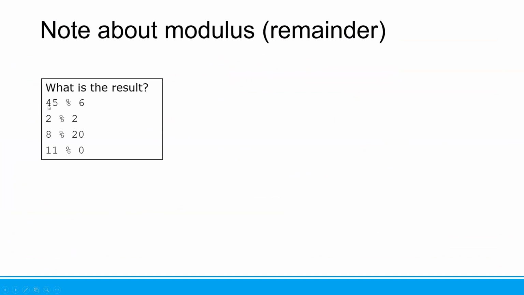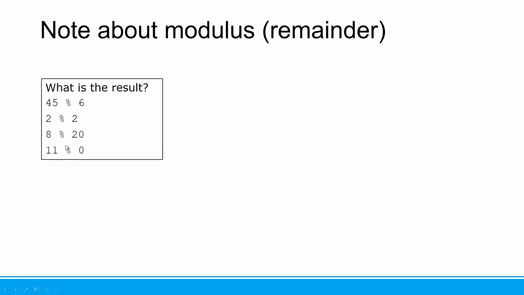Maybe the Korean word is namoji. Sasip-o namoji yuk. 3. Okay. 2 remainder 2 is 0. 8 remainder 20 is 8.